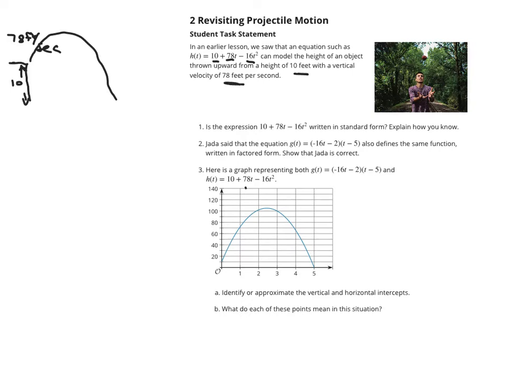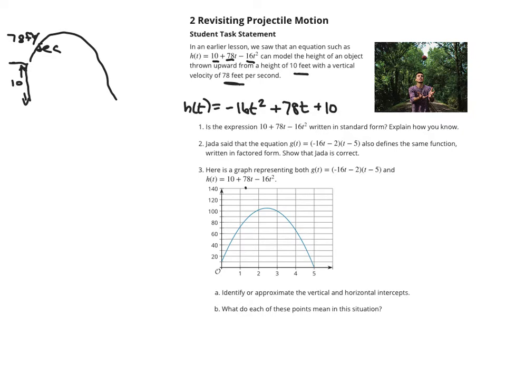So is the expression 10 plus 78t minus 16t squared written in standard form? Well, we prefer the t squared to go first, even if it's a negative leading term, that's just how it's preferred. So that is standard form because I don't have any groups of binomials.